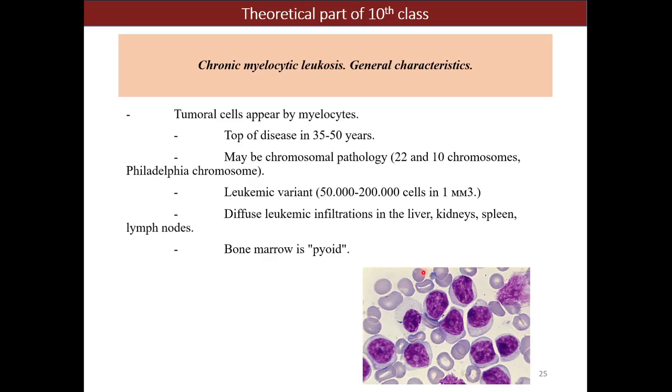Again, it has a leukemic variant, diffuse leukemic infiltration in the liver, spleen, and lymph nodes, and the bone marrow is pyoid. What does it mean? It means that in case of biopsy, the bone marrow will look like purulent masses, like sap. It will have a greenish color and a fluid consistency, and it is associated with proliferation of myelocytes in the bone marrow.